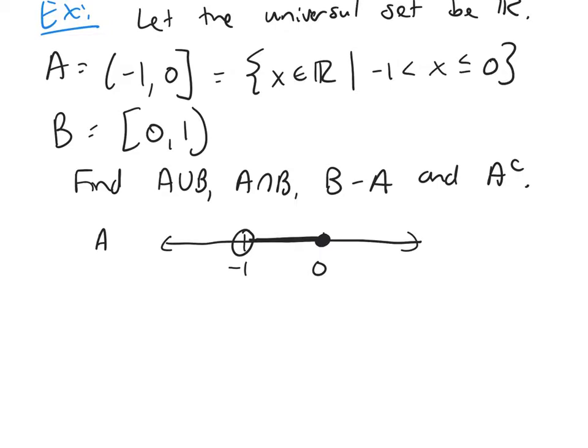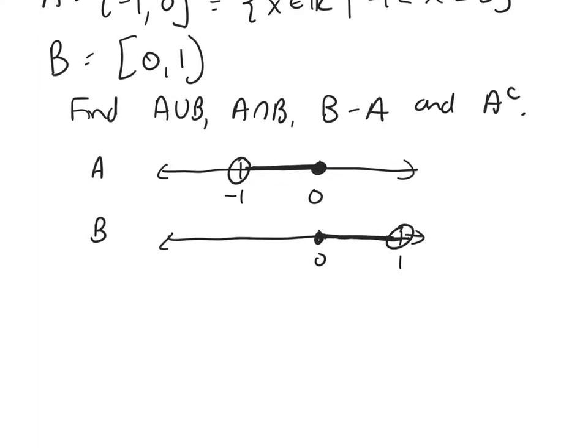And let's do the same thing for B now. Let's draw the image for B, and you're going to line them up so they're on top of each other. 0 to 1, you do include 0, and don't include 1.